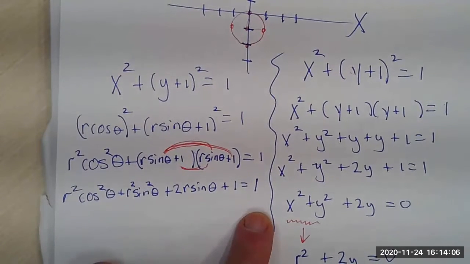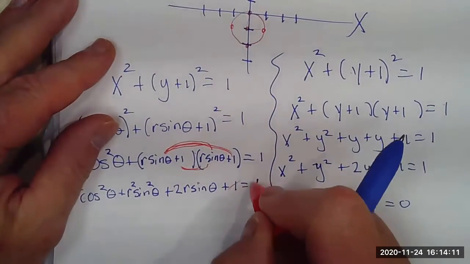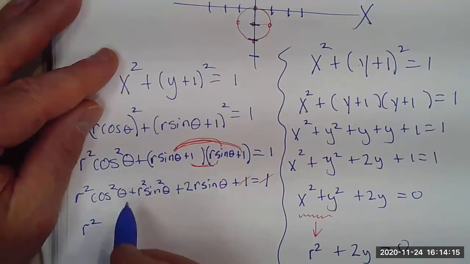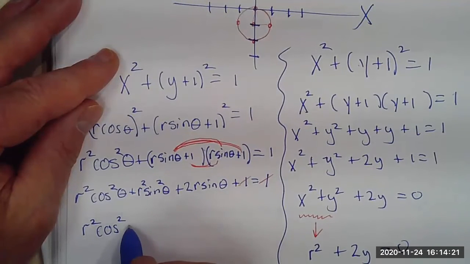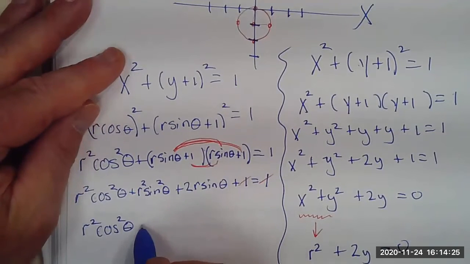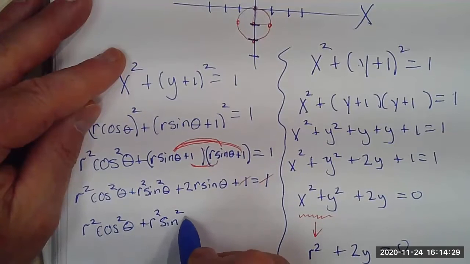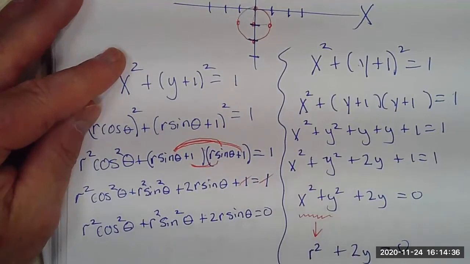Just like the last one over here, the ones go away. So those go away. Now I'm left with r squared cosine squared theta plus r squared sine squared theta plus 2r sine theta equals 0.